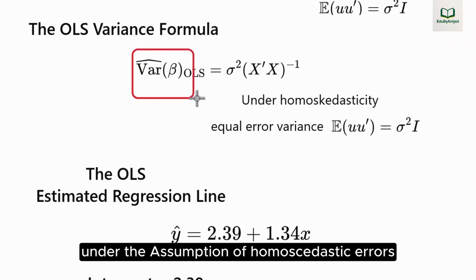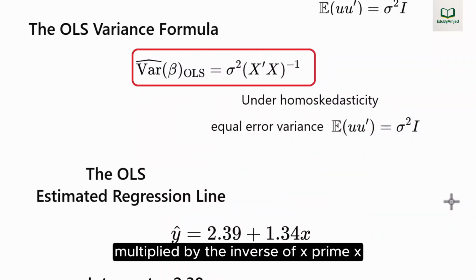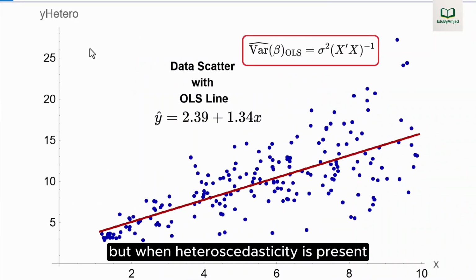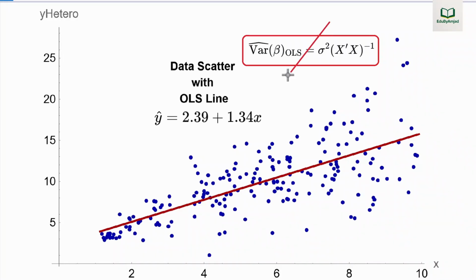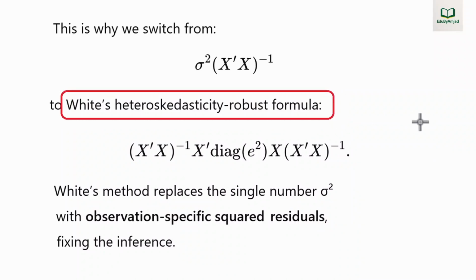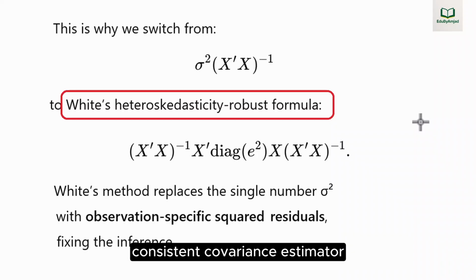Under the assumption of homoskedastic errors, the variance of the estimated coefficients is sigma squared multiplied by the inverse of X prime X. But when heteroskedasticity is present, this variance formula becomes incorrect. To address this problem, Halbert White proposed a heteroskedasticity consistent covariance estimator.